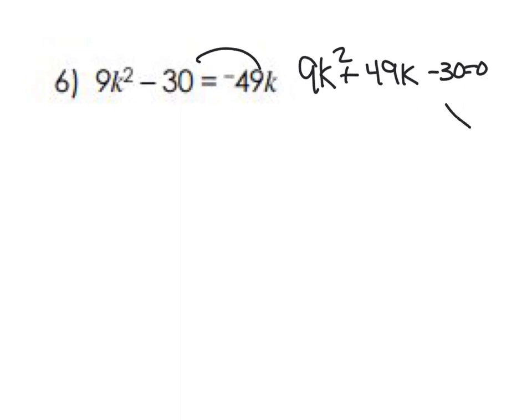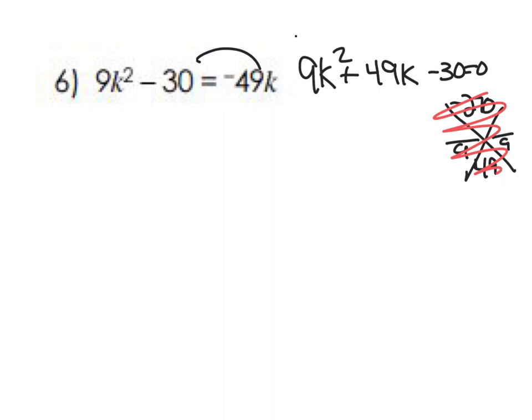If I did the x, that would be 3 times 9, negative 270 over 49, and we're going to divide by 9. So I put that in the calculator. I don't see any factors, so I can't use that. So we've got to do quadratic with this big thing.